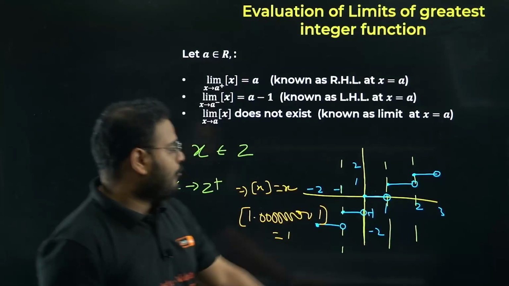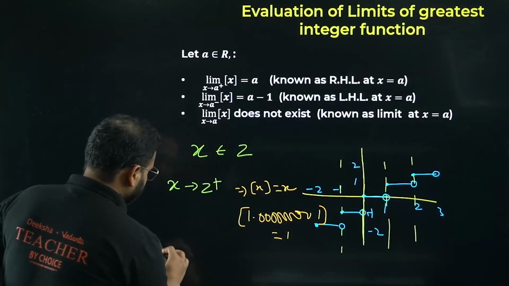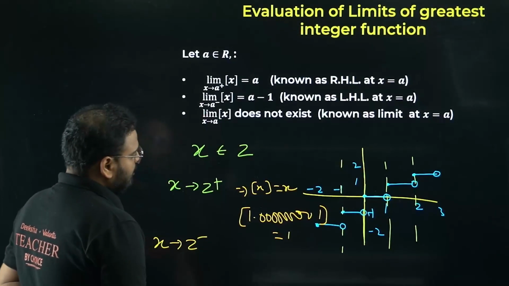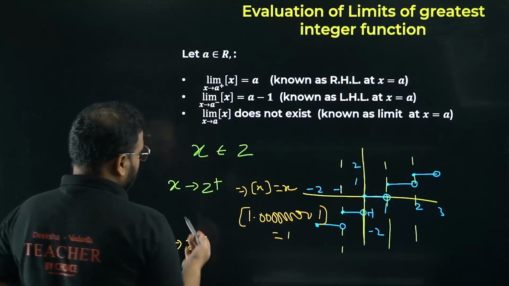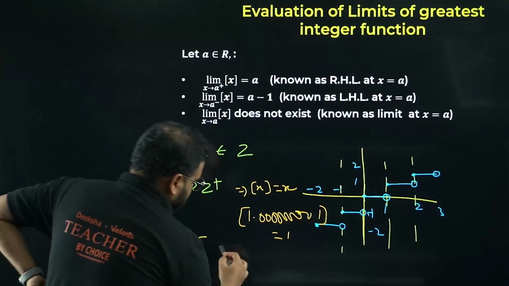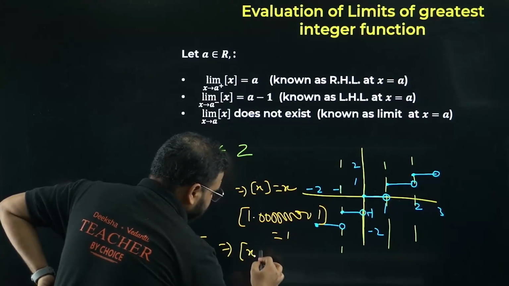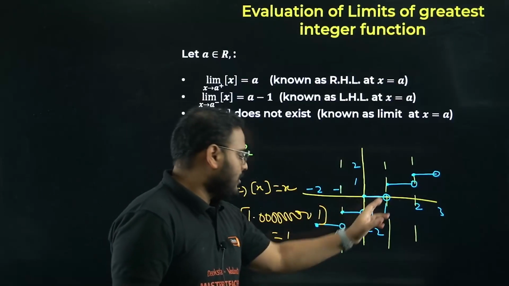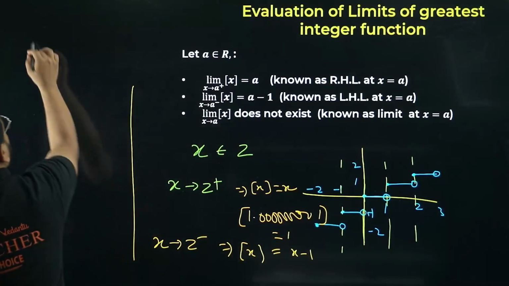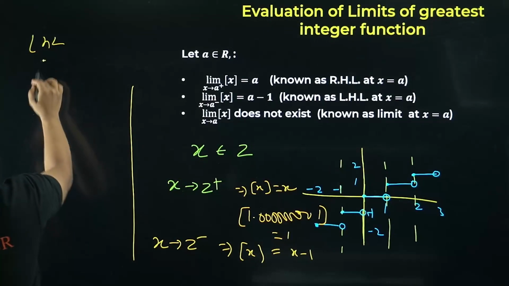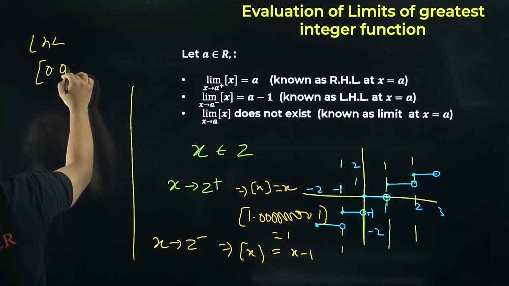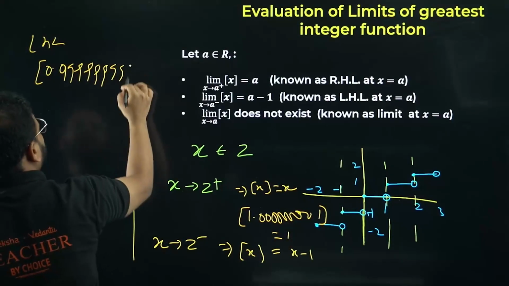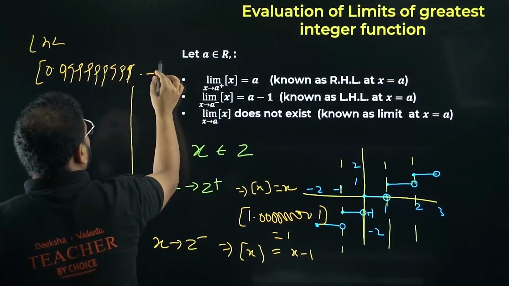But if I approach 1 from the left hand side, 1 minus, what will happen? Please check, it'll become x minus 1. Think about it. For the LHL part, if I write 0.99999, all 9s, what is the answer?